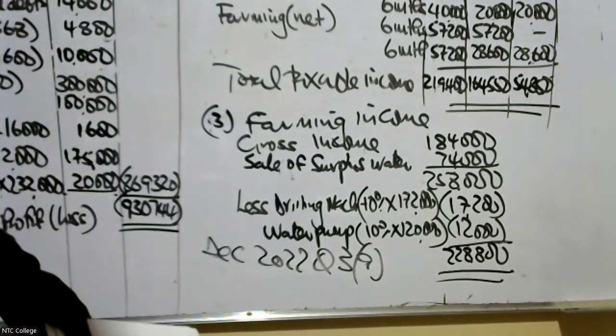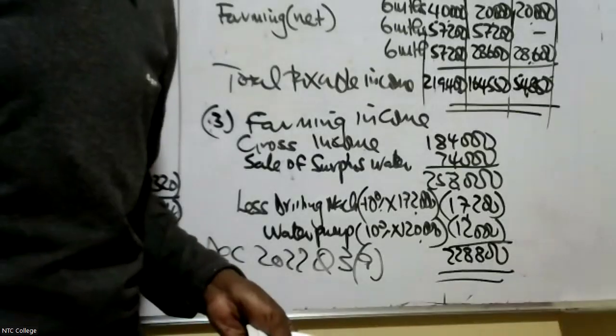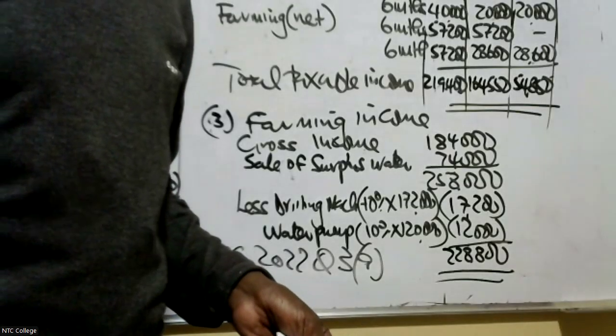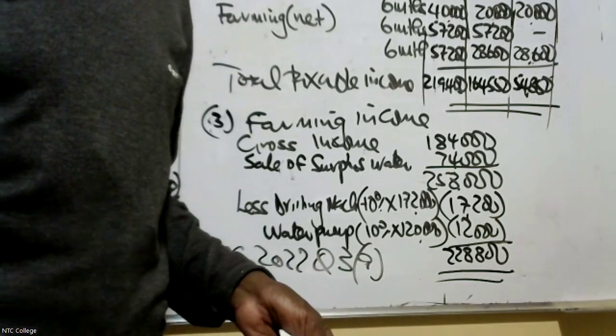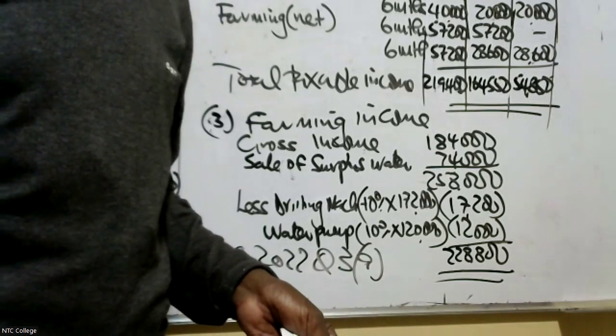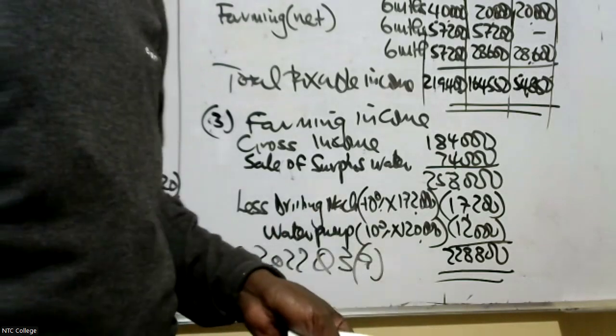Go to Chrome or Google, then say advanced tax, CASNEB past papers, then look for December 2022 question 3A.